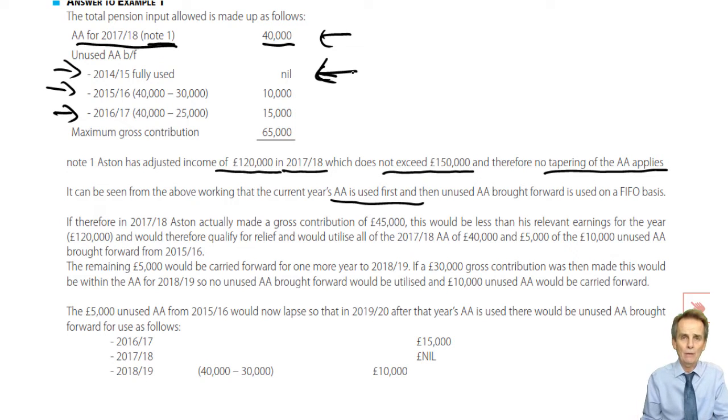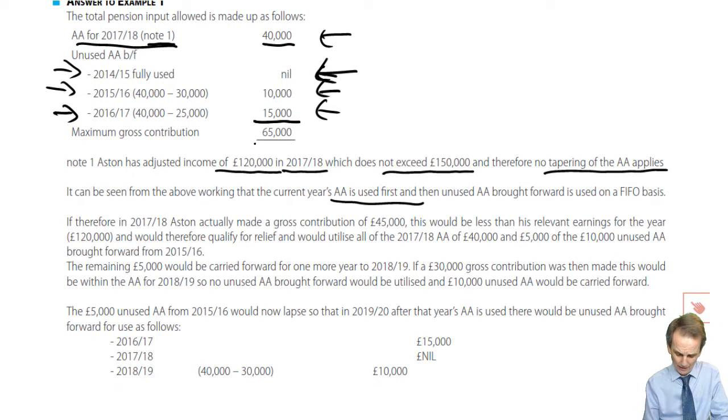There wasn't anything there, we'd fully used up the annual allowance of that year. Move forward to 1516, comparing the 40,000 with the contributions actually made, and therefore we derive our unused allowances, which again hopefully gives you no problems, of £10,000 and £15,000 respectively in the 1516 and 1617 tax years.